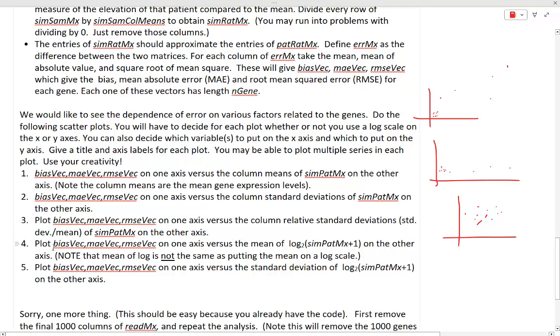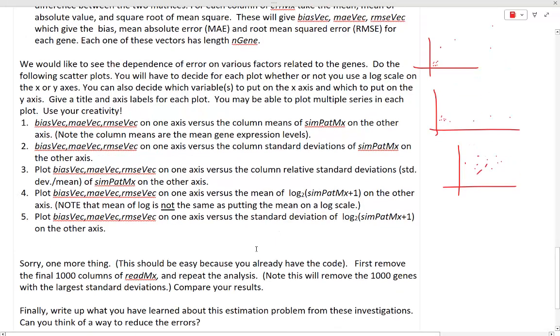All right, now, two more plots, these same statistics versus the logarithm, the mean of the logarithm and the mean of the standard deviation. So the logarithm kind of equalizes out the data to put it on a more even scale.